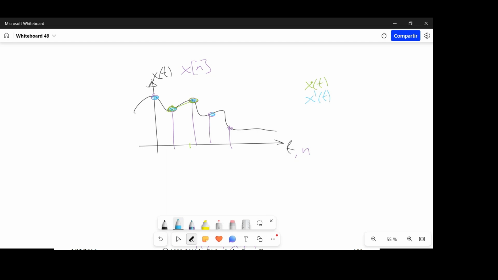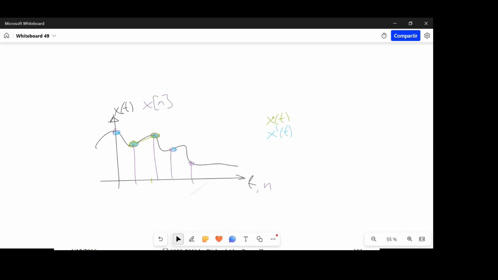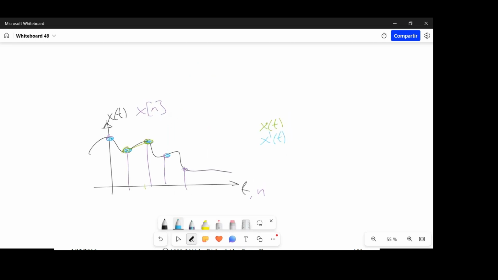And that reminds you of something that is the Taylor expansion. That reminds you of X of some point, the derivative at that point times the delta, so this is the fractional part.